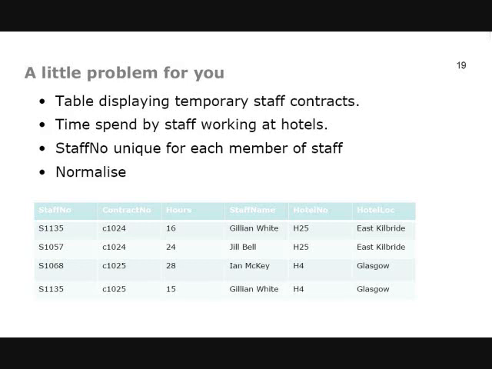So I have to end up with a staff number, contract number as before, which are the key, hours, and hotel number. But to that, I have to add another one, which has hotel number and hotel location.